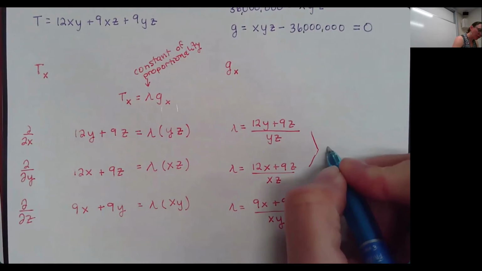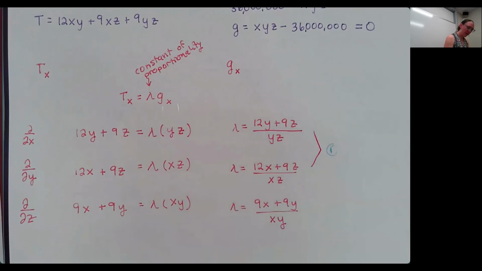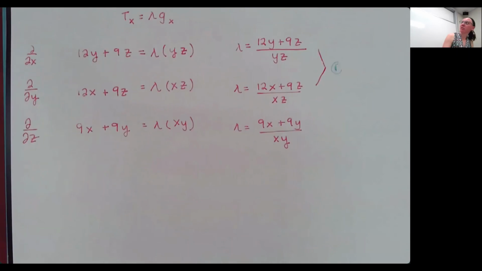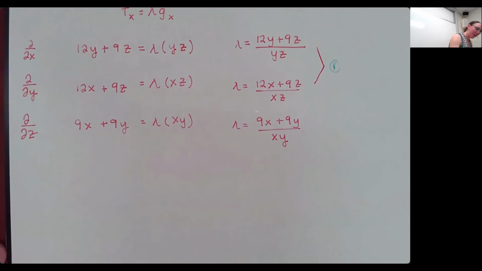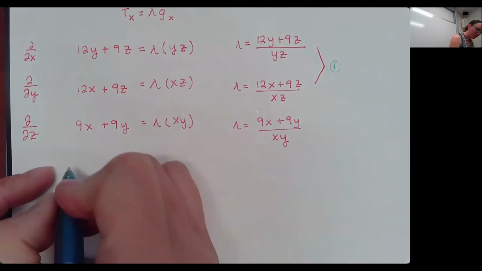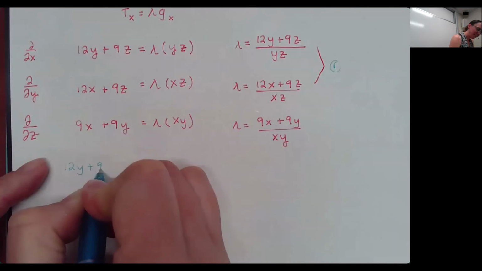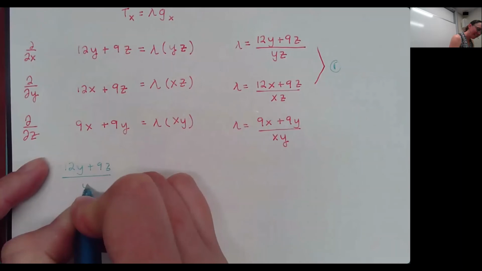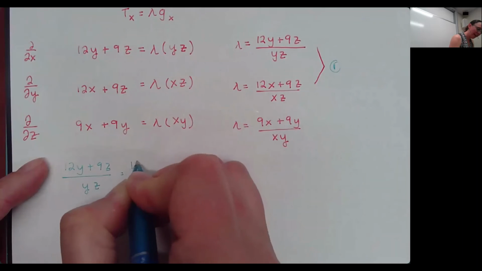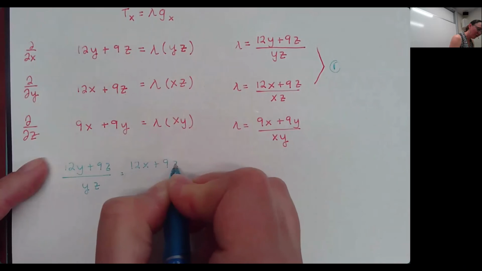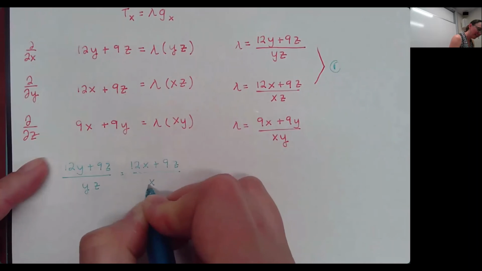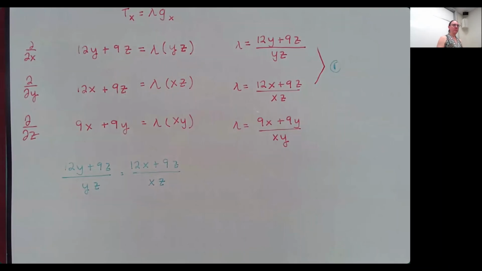If I pair these two up, I've got 12y plus 9z over yz is equal to 12x plus 9z over xz. By the way, because this is referring back to our building of an actual store, I know that x, y, and z are all positive.